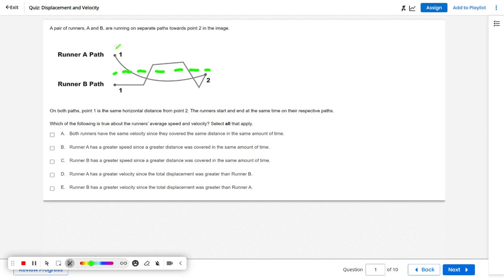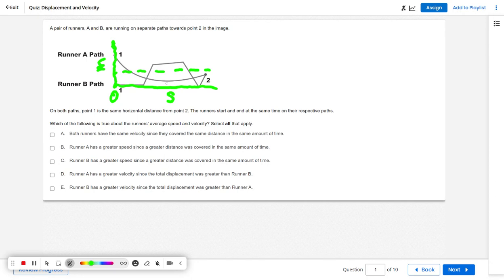So what's going on is if I were to make this into a graph, this is where both the seconds and the meters are zero. This would be the meters, and this would be the seconds. Or the distance. I'm calling it meters, but I could just literally call it distance.